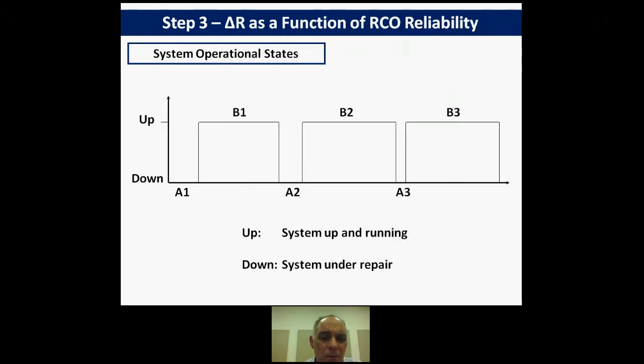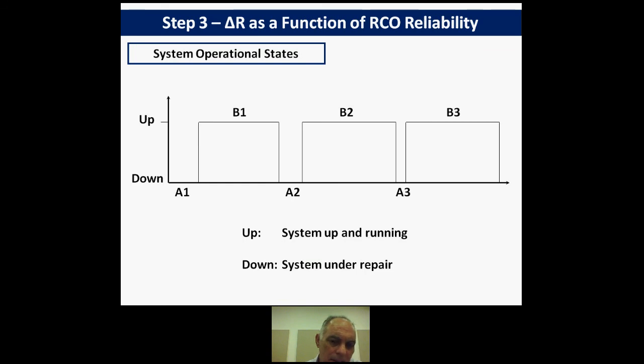Now, why are failure rates important? Because they give us a way to specify the reliability of the system, as I said, in order to be able to evaluate the risk reduction it will offer. We must be able to distinguish between some operational phases and some non-operational phases of the system.